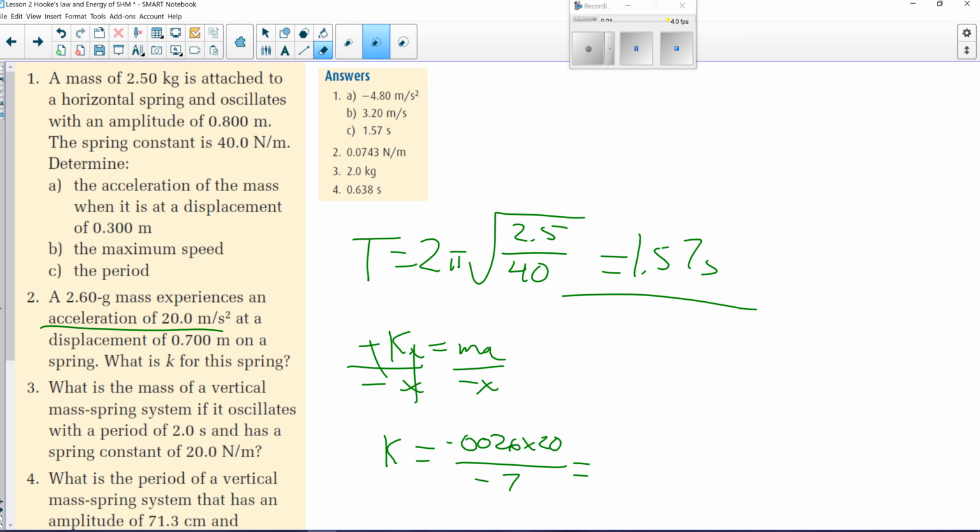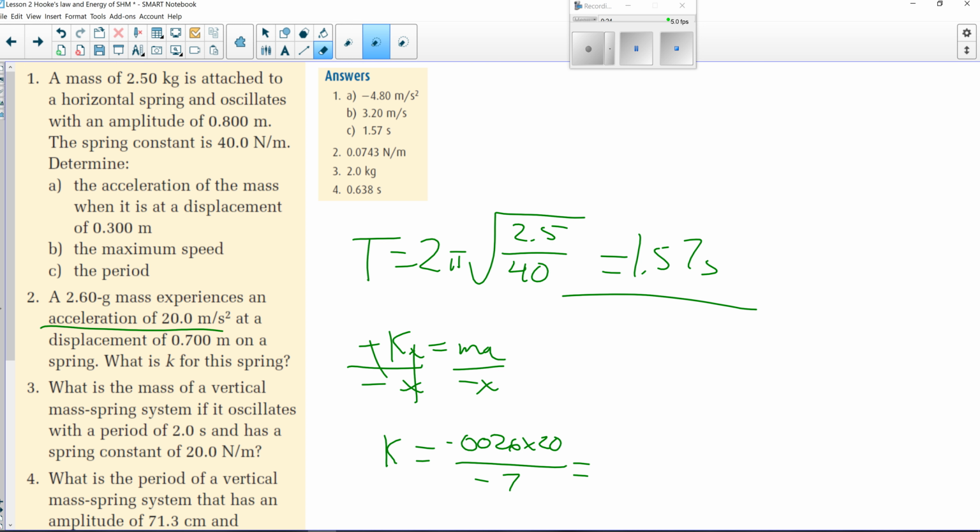What should I make sure of here that I haven't done yet? Because if I do this the way I have it written, I'm going to get a negative number for k. Can k be negative? No, it's an absolute value.